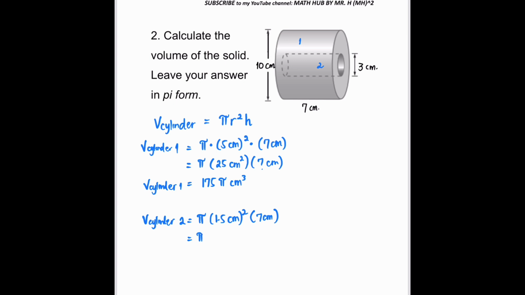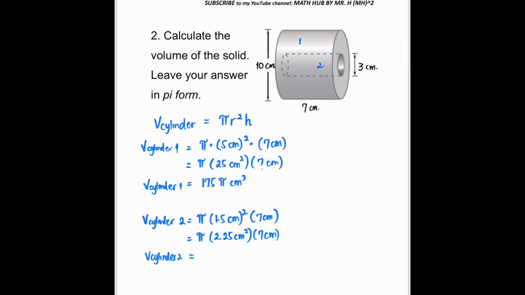So pi, so 1.5 squared is 2.25. So 2.25 centimeter squared. So you are also squaring the unit, times 7 centimeters. And from here, we can just simply multiply to get the volume of cylinder 2.